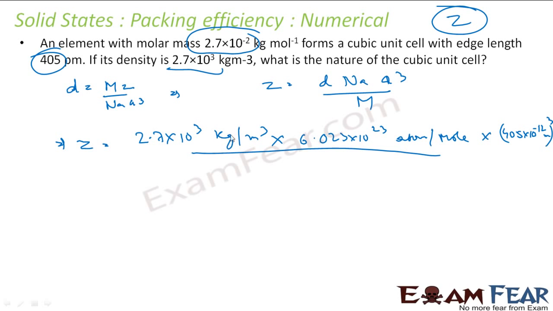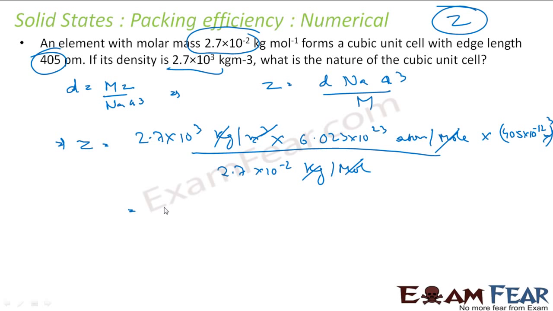So molar mass, it has to be in the form of kg now, correct? Because this is kg, kg and kg have to cancel. So molar mass is given in kg only, 2.7 into 10 to the power minus 2 kg per mole. Mole cancels, kg cancels, meter cube cancels.